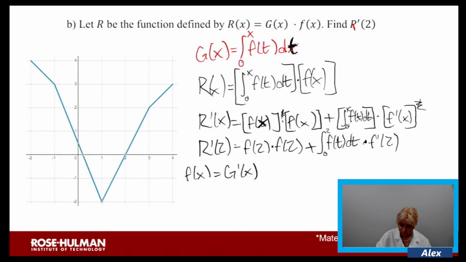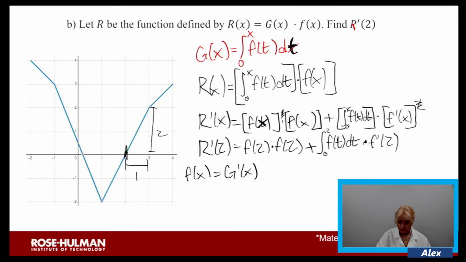So for each component, slope at 2 is, see, rise over run, that's height of 2 and a distance of 1.